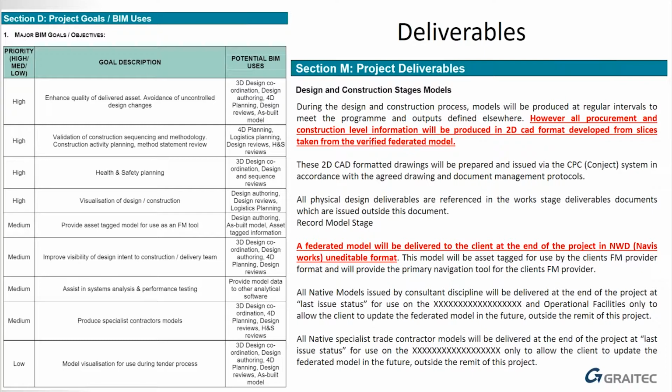So we have level of detail, the graphical representation, if you like, everything from 100, which is like a concept design for maybe an object, all the way through to 400, which would basically be a fabrication-specific detail, with levels in between. We also have the idea of a level of information, which is the non-graphical content within there.